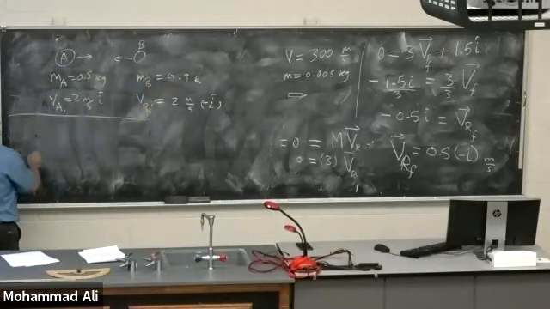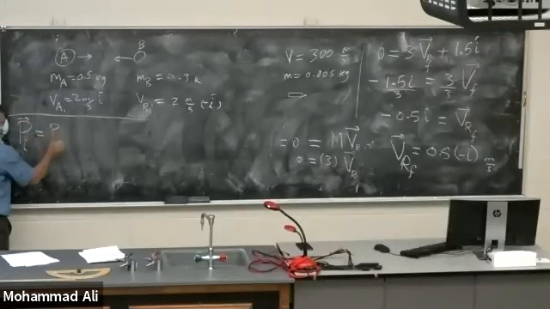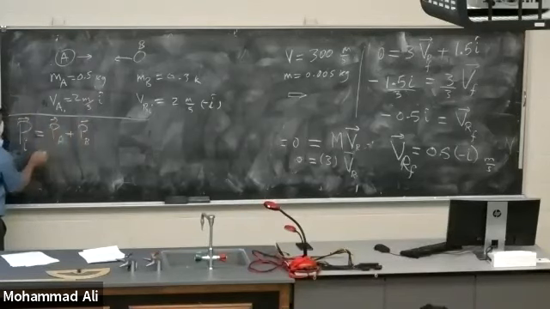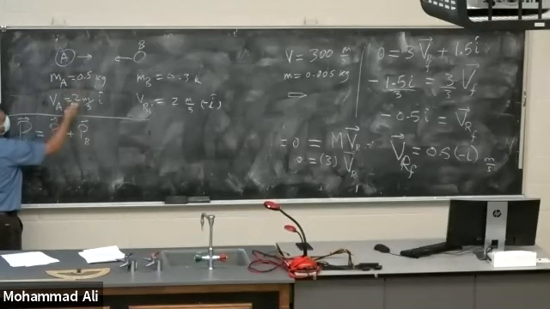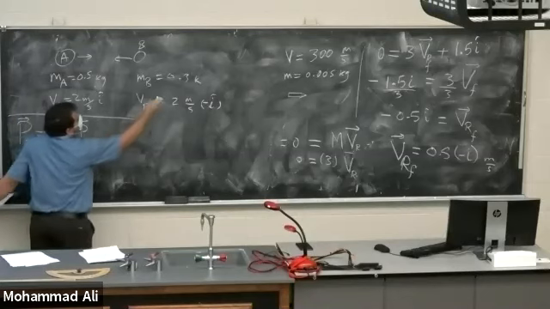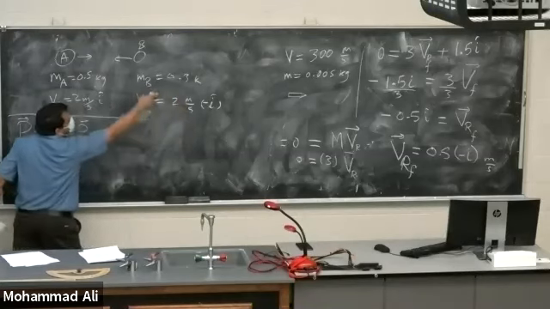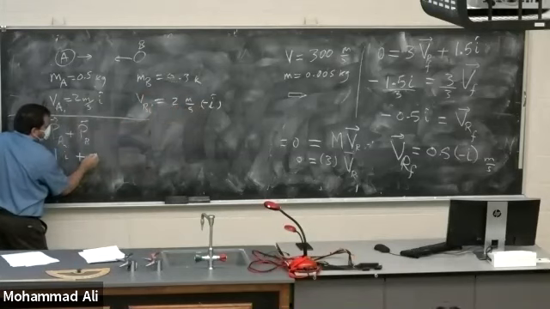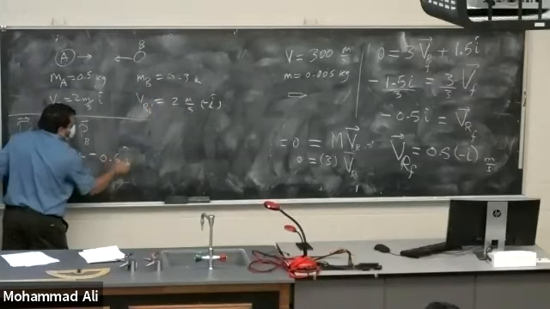Find the initial momentum, P initially, for the whole system. It is PA plus PB, equal to the mass multiplied by the velocity. It will be half multiplied by 2, it is 1 i hat, plus the mass multiplied by the velocity, 0.3 times 2, with a negative sign, negative 0.6 i hat.